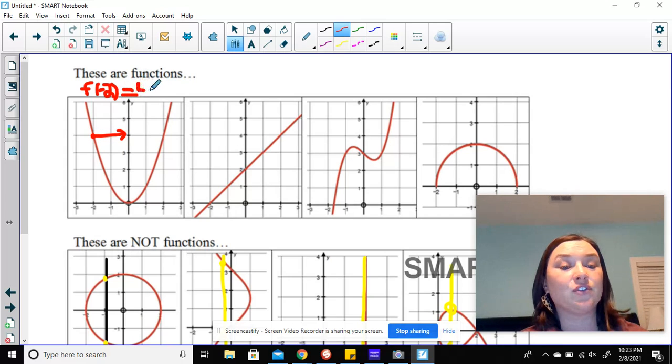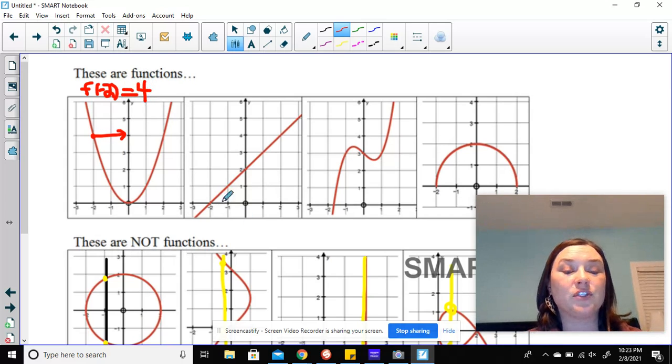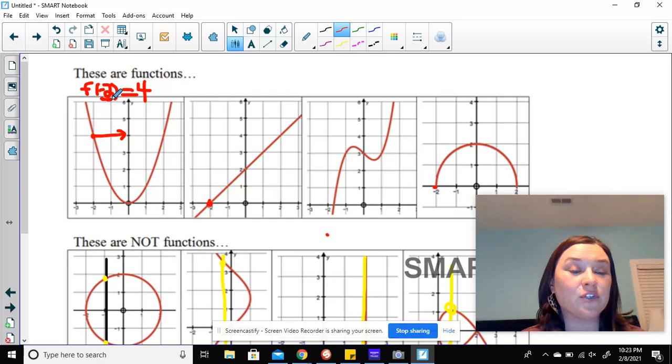So f of negative 2 would be 4. Whereas if I'm looking at this middle one and ask you f of negative 2, it's right there, that's at 0. If I ask you f of negative 2 on this one, it's down here in the negative section, and then f of negative 2 again is at 0. So when it says f of whatever number's right there, that's your x value. So you look on the x-axis and you go to the graph, and what y value is the ordered pair there.